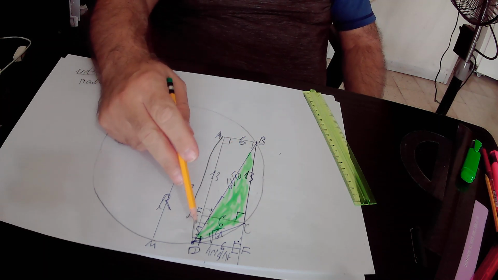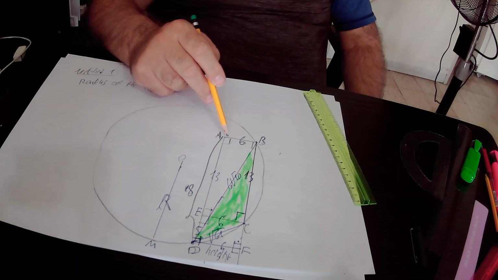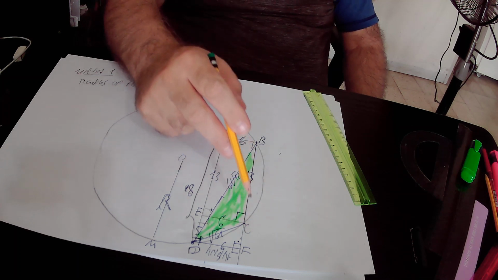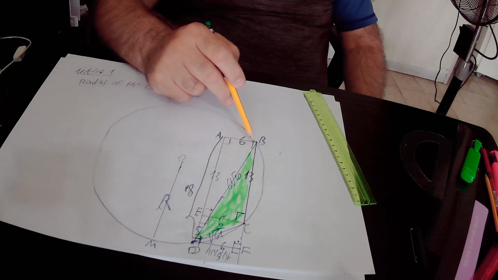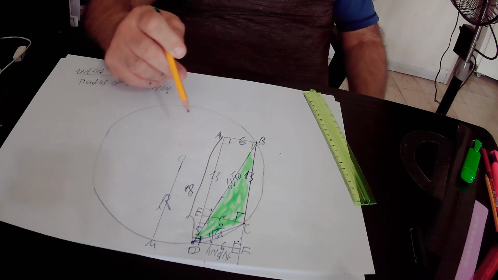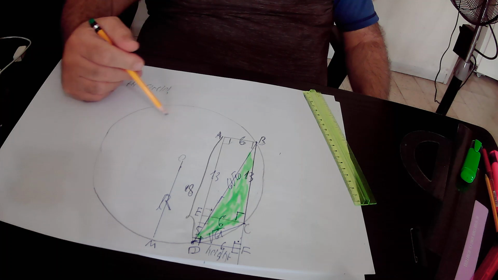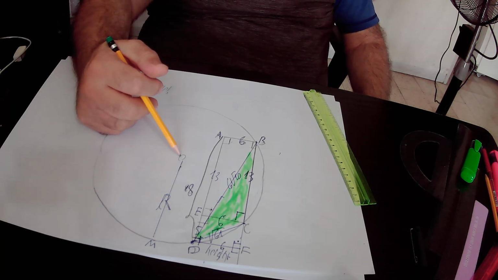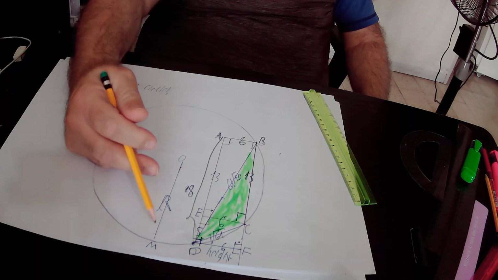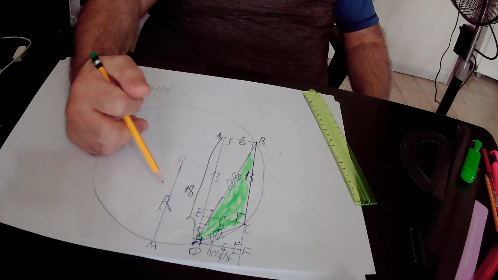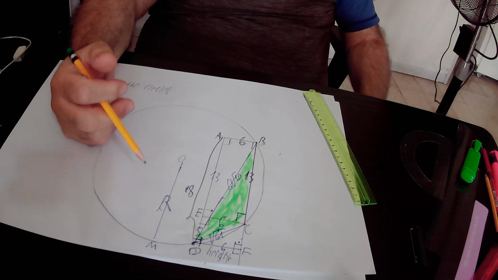Angle DAB equals 90 degrees, and angle ABC equals 90 degrees. Our mission is to find the radius of this circle. Here we know that the radius of this circle equals OM, that is equal to capital R according to our definition.